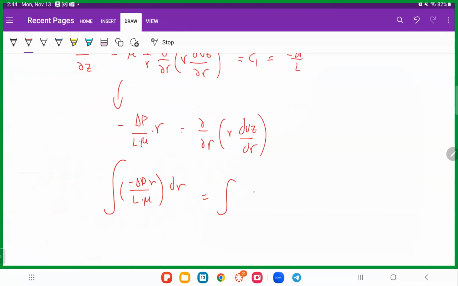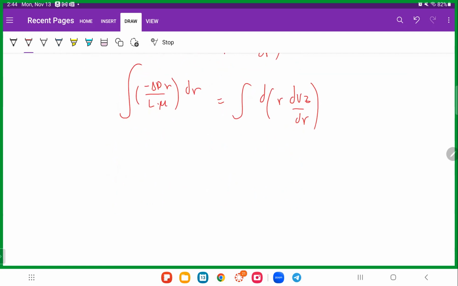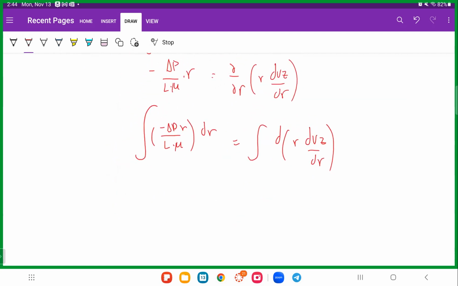On this side is the derivative of this, so essentially we cancel the derivative with the integration. And this side, what would we get? Delta P R squared over 2 L times mu, and then plus a constant. On the other side we get R dVz over dr. That's right. So now we can cancel R.